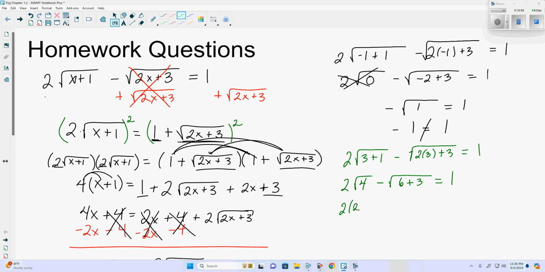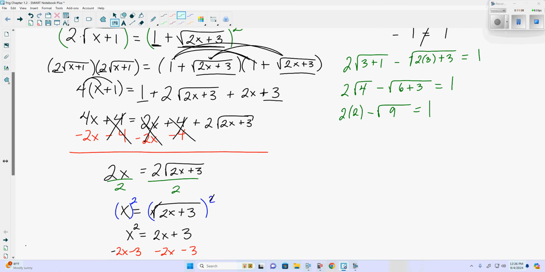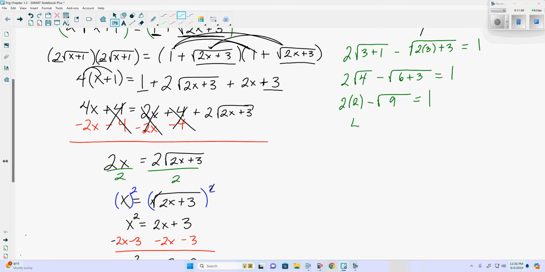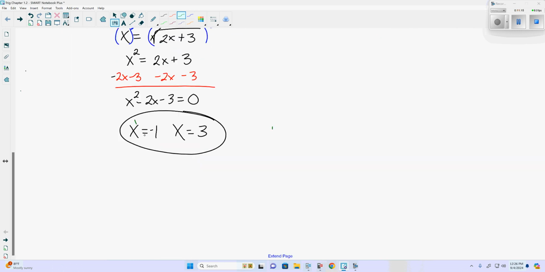Well, the square root of 4 is 2. 3 plus 6 is 9. 3 times 2 is 4. Square root of 9 is 3. And 4 minus 3 does indeed equal 1. So it's just 3.